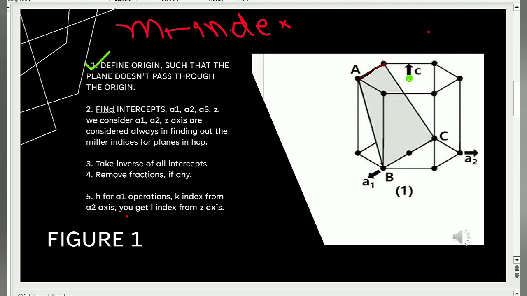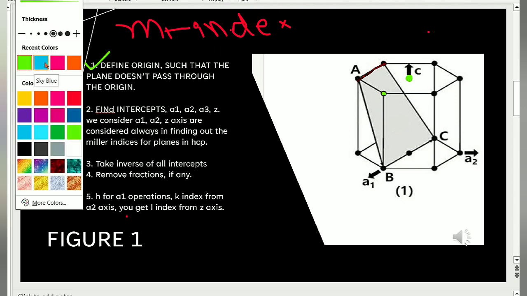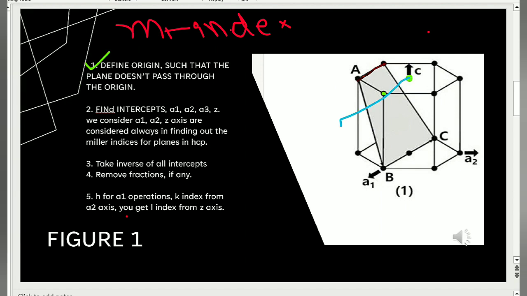This is the origin, and if we join both of these corners together, we'll get the new A2 axis in this direction, a straight line. This is the A1 axis. This is another corner right above the one that was previously defined. This is the A2 axis.